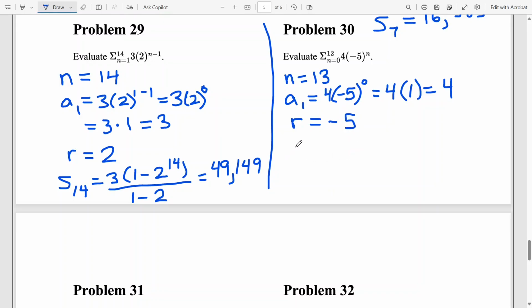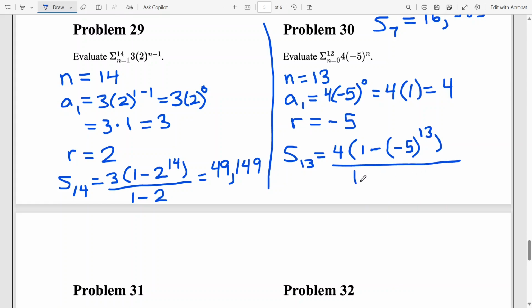All right, so our sum of the 13 terms is going to equal our first term 4 times 1 minus negative 5 to the 13th power divided by 1 minus negative 5.